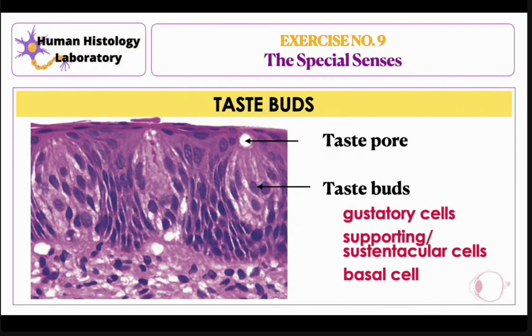A third cell type, which is the basal cell, is now generally recognized and may constitute the precursor of one or both of the other cell types. Both gustatory and sustentacular cells have long microvilli extending into the taste pore. The microvilli would contain a glycoprotein substance thought to be secreted by the sustentacular cells.